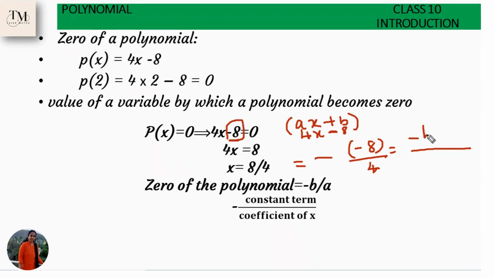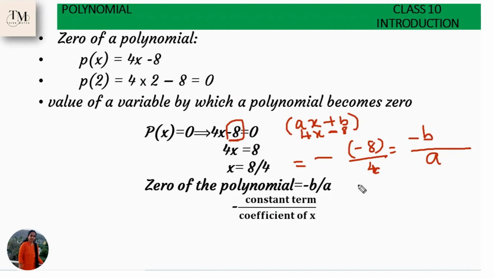So minus b. The coefficient of x is a. Here the coefficient of x is 4. Divided by 4, it is nothing but a. So the zero of the polynomial is nothing but minus b by a, that is minus the constant term divided by the coefficient of x.